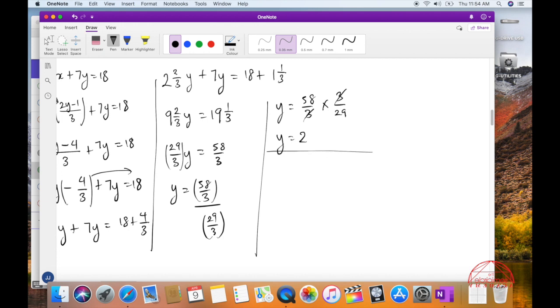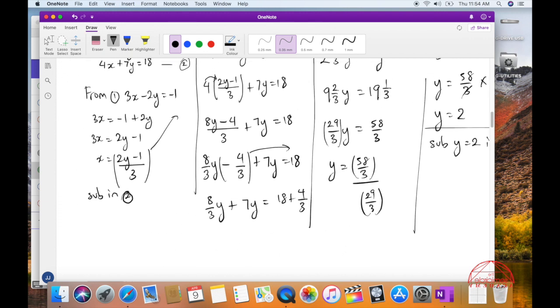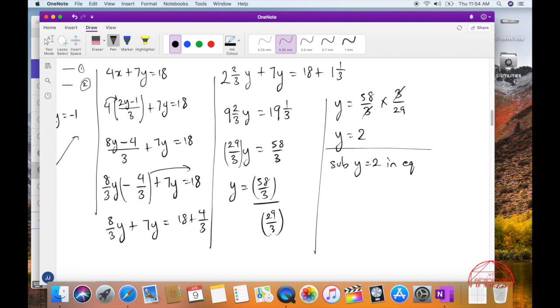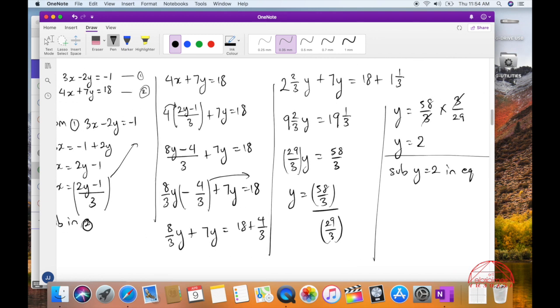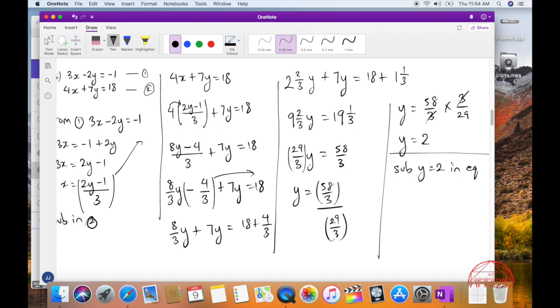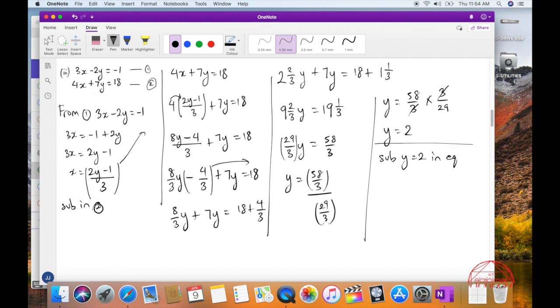So now we're going to sub y is equal to 2 in equation which one? Well, we used equation 2 to get the y value. So let's sub it in equation 1. So we'll sub it in 3x minus 2y is equal to negative 1.